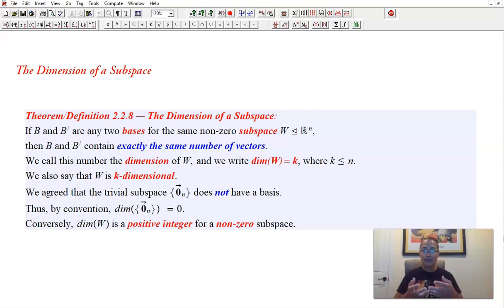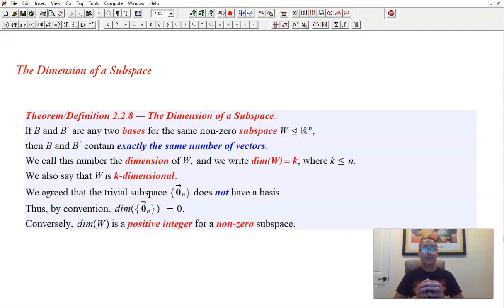If you have 3 linearly independent vectors though, that will get you all of R3. It's more than just the plane. So any two bases for the same subspace must contain exactly the same number of vectors.